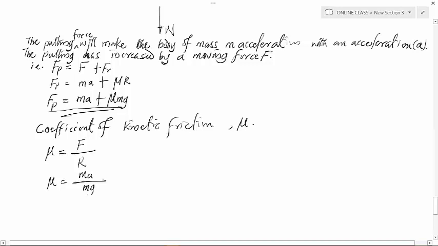Over mg, because R equals W in this case. They are on a horizontal level. So we cancel m. Our coefficient of kinetic friction can be defined as acceleration over g. So this is where we're going to stop for now, and maybe tomorrow or Sunday we shall be having the conclusion part of this friction.